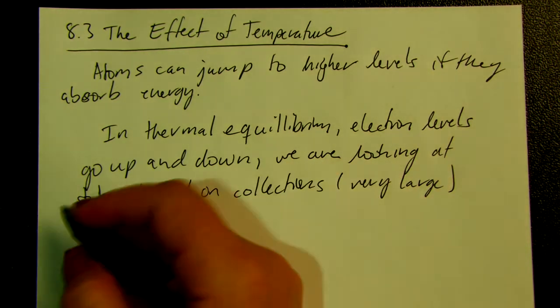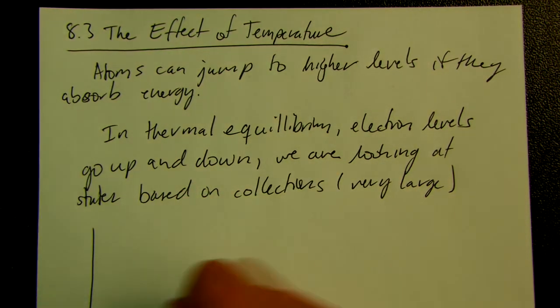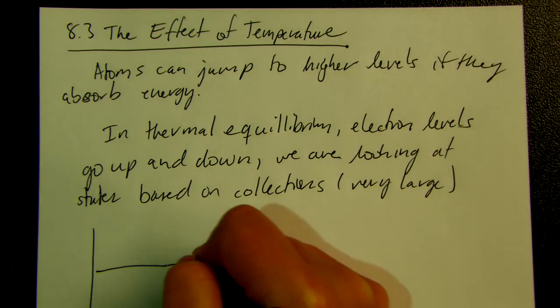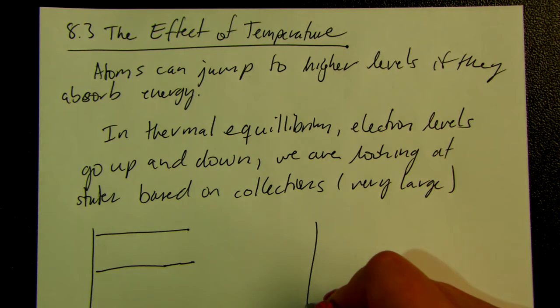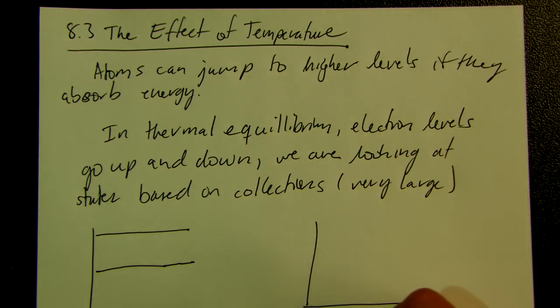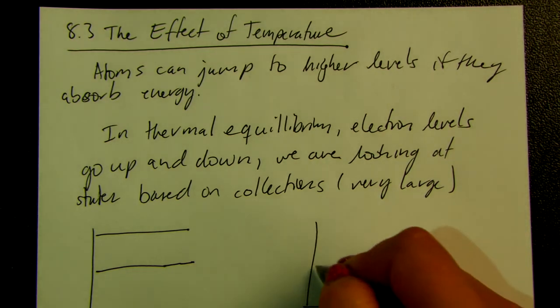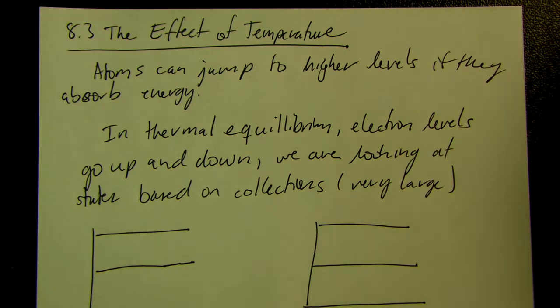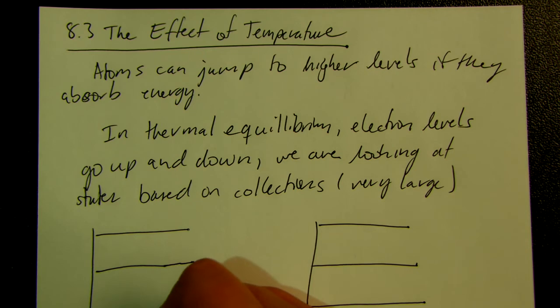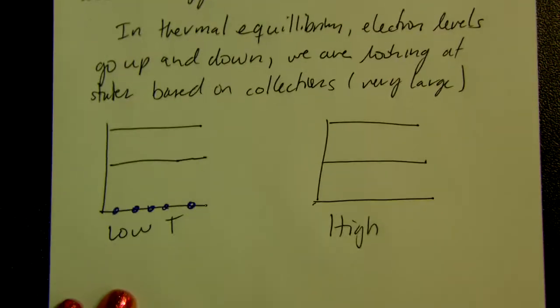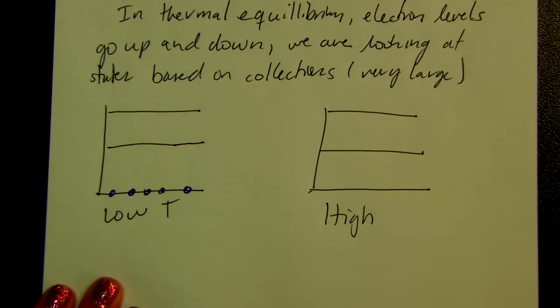Okay, so let's say that we've got two objects. One has a low temperature and one has a high temperature. So for both cases, this is ground. For the low temperature, you would expect to see that really all of the atoms would be in ground.